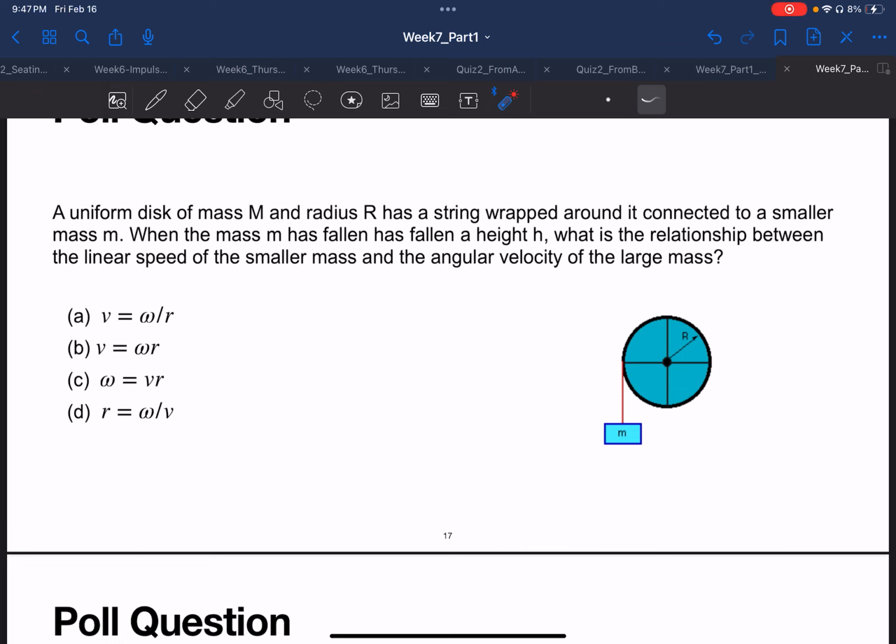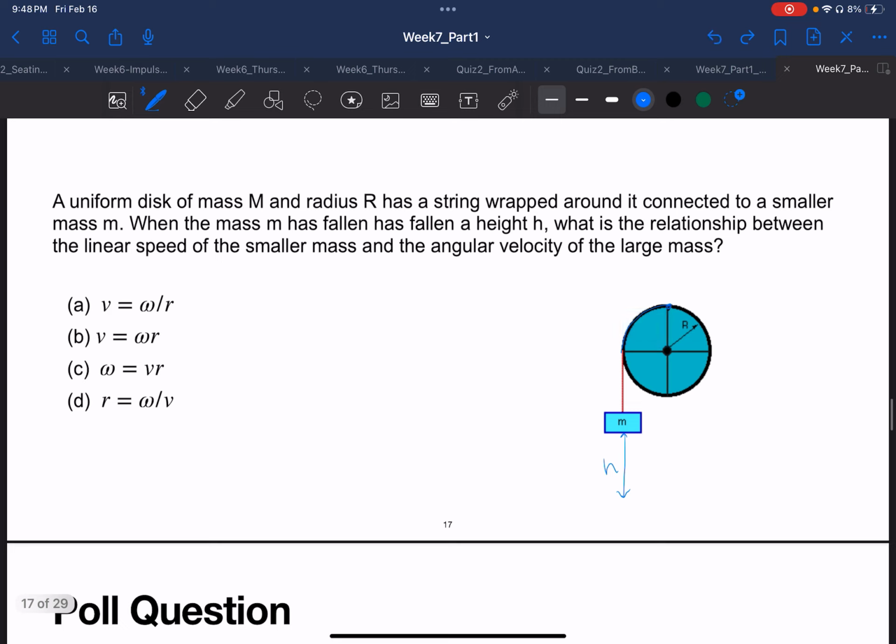So essentially, we know that if we track some point on this disk, as this thing travels down some height h, that's exactly the same amount of arc length that is covered. Basically, that's the same arc length of string that is unraveled from up here. So this arc length is equal to how far in the y direction this mass is traveling.